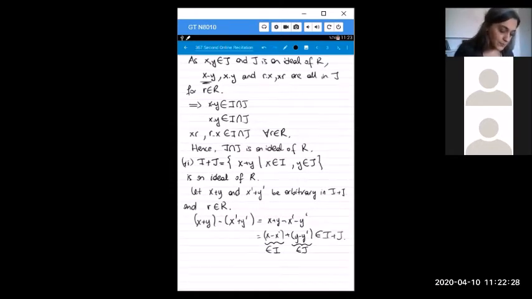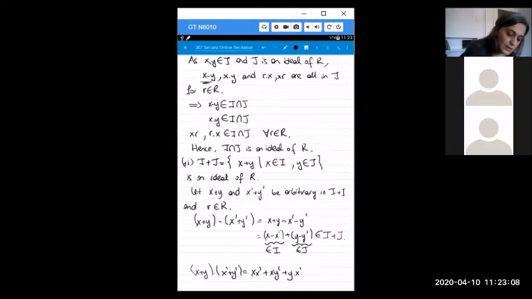Now we are going to look at the multiplication: x plus y times x prime plus y prime. You need to be careful about the multiplication because we don't know whether the multiplication is commutative or not, so you have to respect the order here. We get x times x prime plus x times y prime plus y times x prime plus y times y prime.